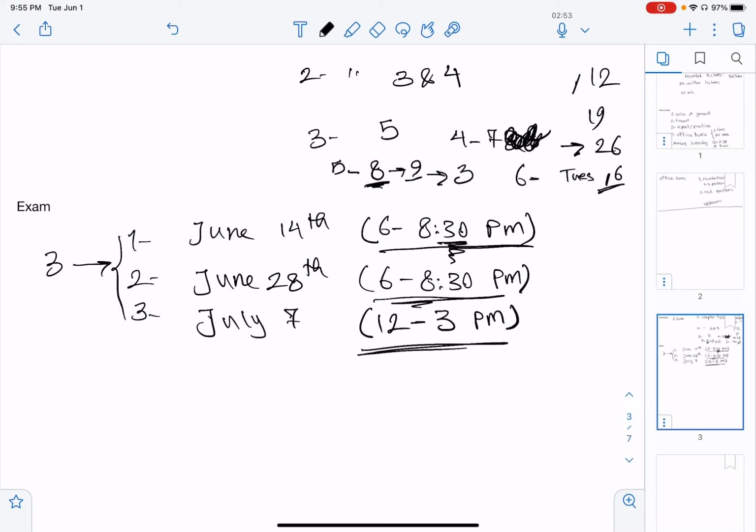Now, the other thing that I wanted to talk about is the exam itself. During the exam, you need to be online through Zoom. You need to turn on your camera, and make sure that you scan your work clearly.